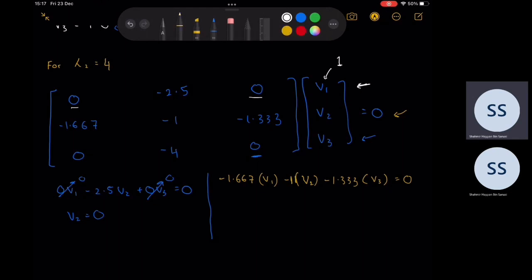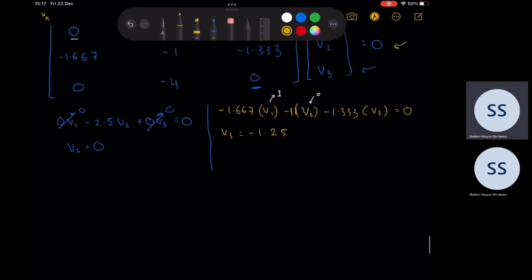Now we know that V1 is 1 because we need to normalize it, and V2 is equal to 0. So we can get V3 straight away, where V3 is negative 1.25.